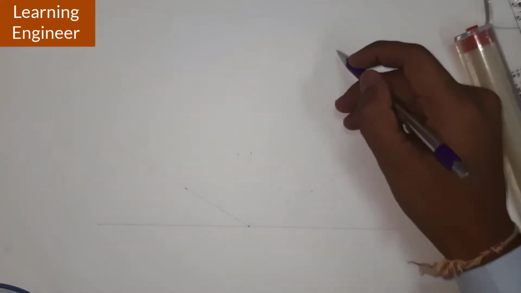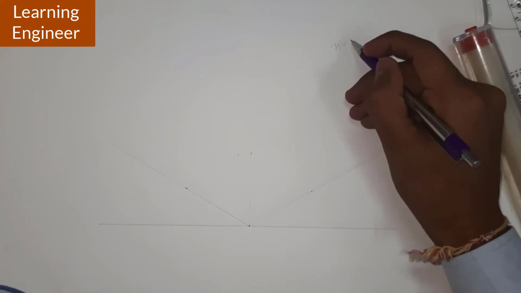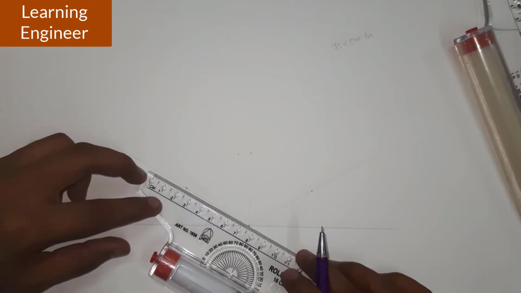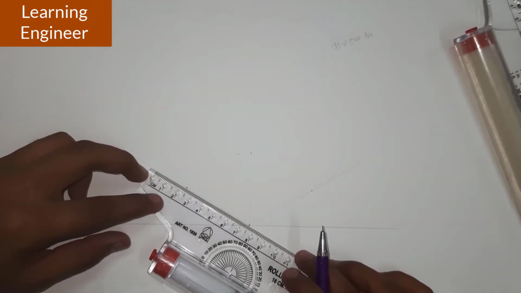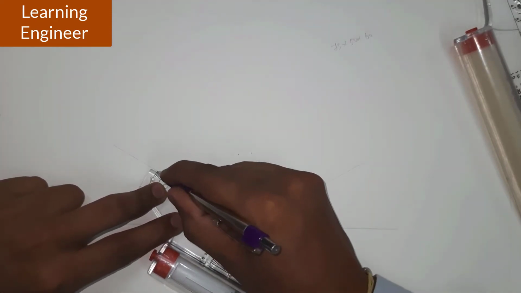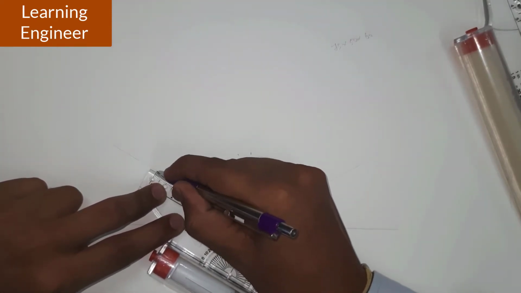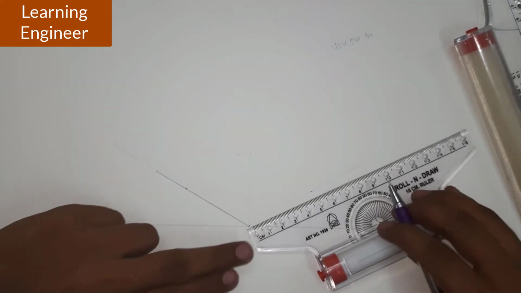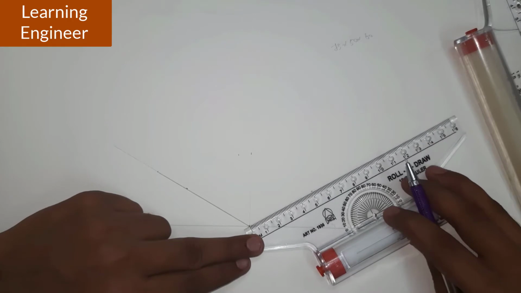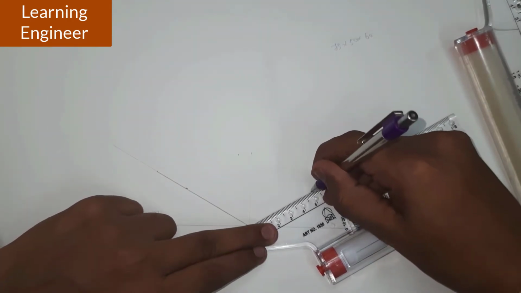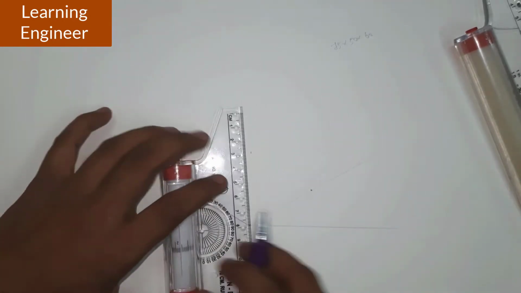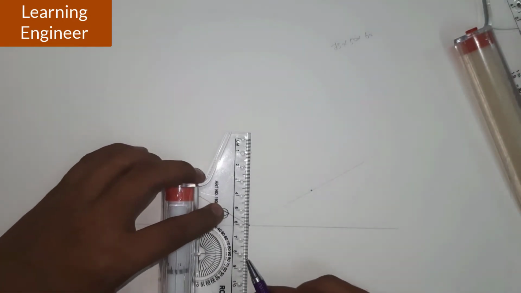We know the dimension, that is 75 by 50 by 60. So we will be marking 75 over here, this is 75. We will mark 50 millimeter on this side, this is 50 millimeter, and the height is 60 millimeter.